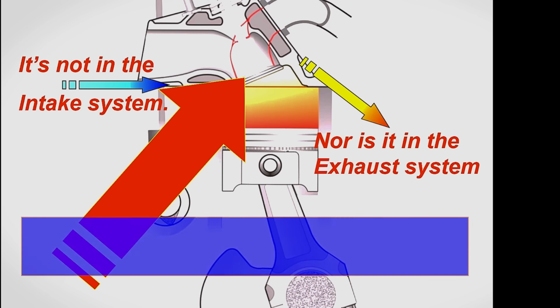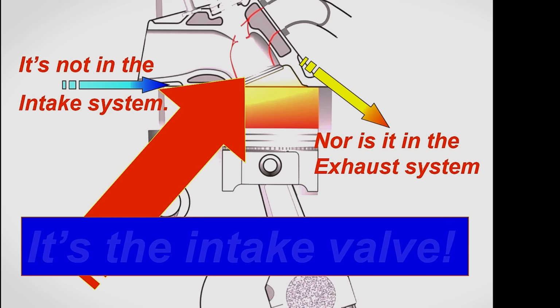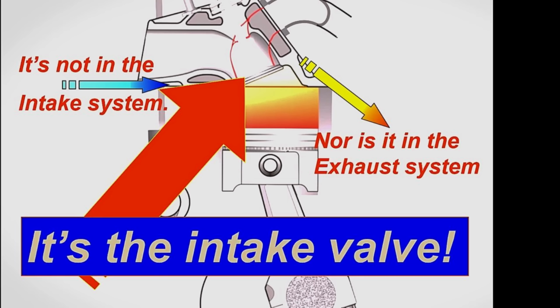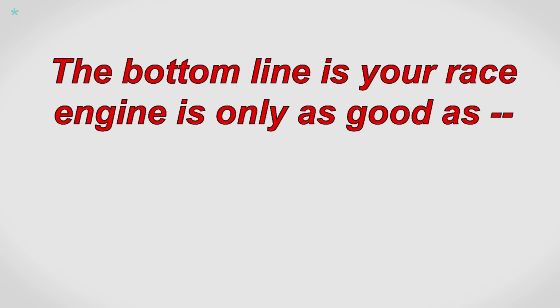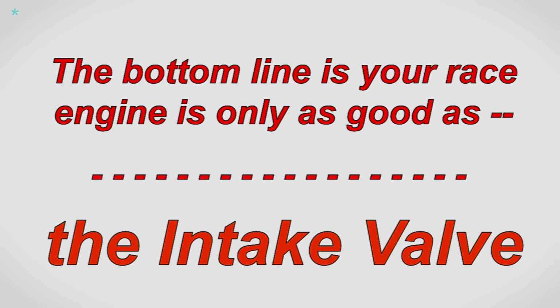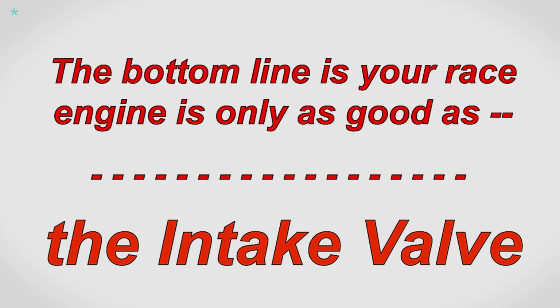The output of your engine depends almost solely, assuming everything else is okay, on how well air can get by the intake valve. Doing a quick summary, the function of the intake valve is to let as much air pass through it into the cylinder. But there's a secondary thing here. The definition of a valve is something which allows something to go one way but not the other.